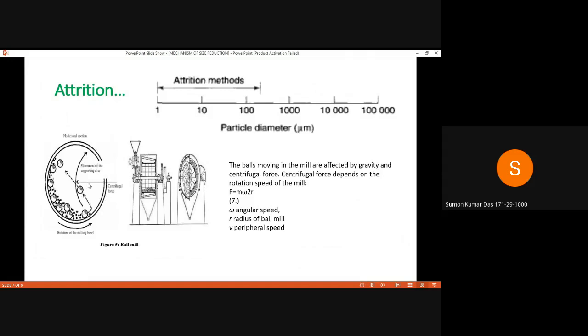Here the ball is a rotating body. From the equation we can see the centrifugal force mainly depends on the speed of the ball mill. Here omega is the angular speed, r is the radius of the ball, and m is the weight of the ball.